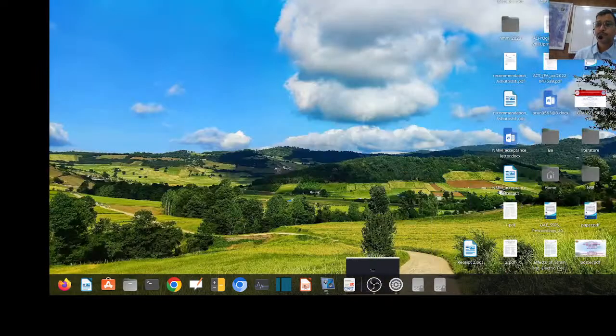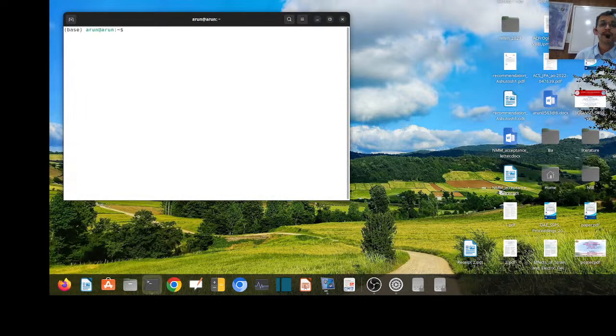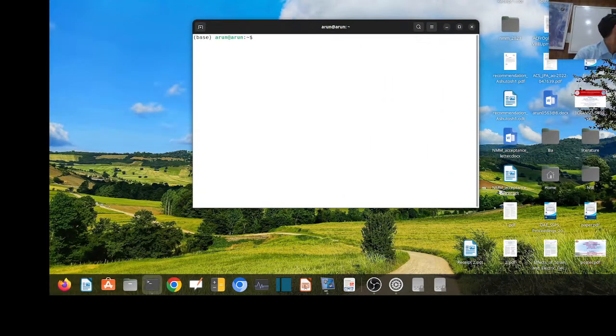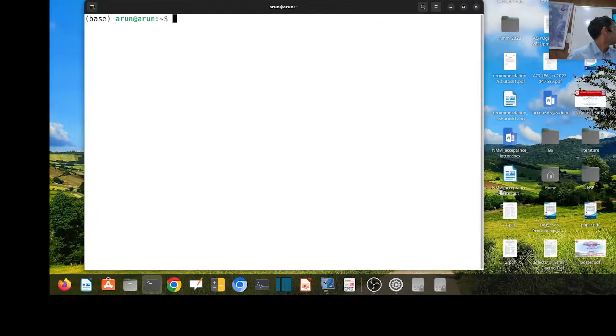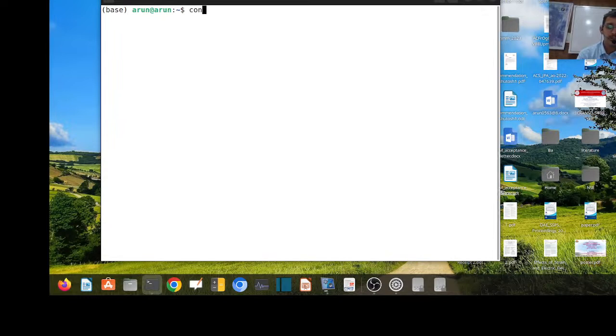Now let us open the terminal. There is no need to use the conda environment, so let us deactivate that.